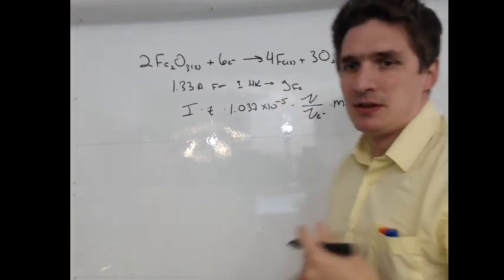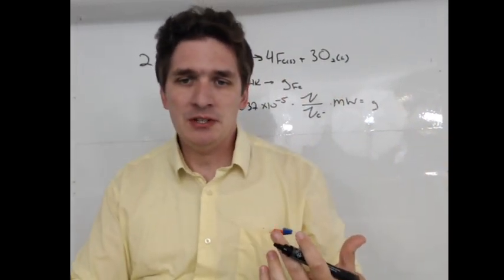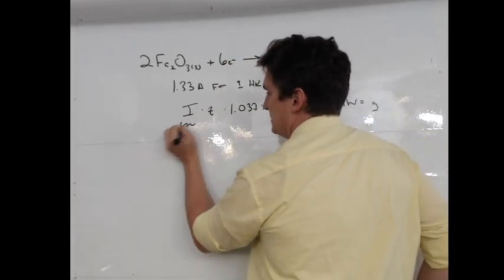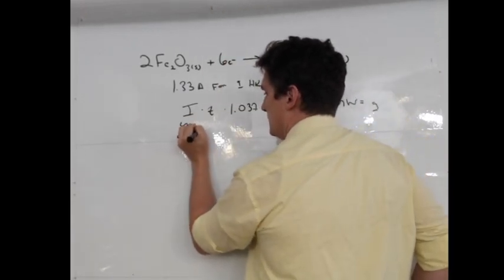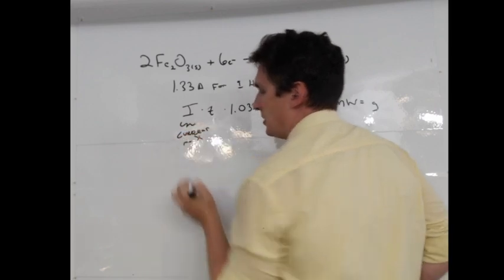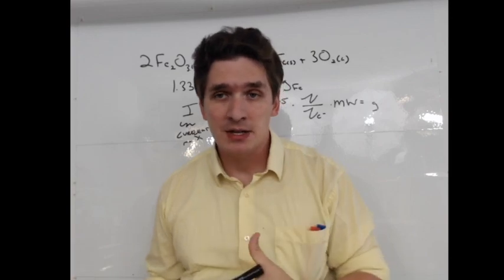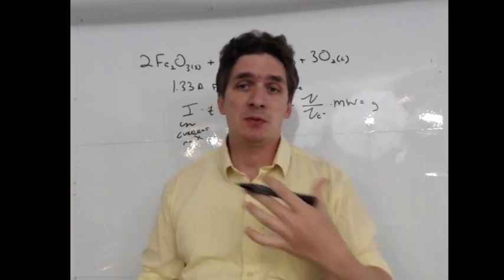So here's the thing. All this formula is really saying is that our current is related to our X, our extent of reaction. So if we know how far the reaction went, we can figure out how much metal was plated out.